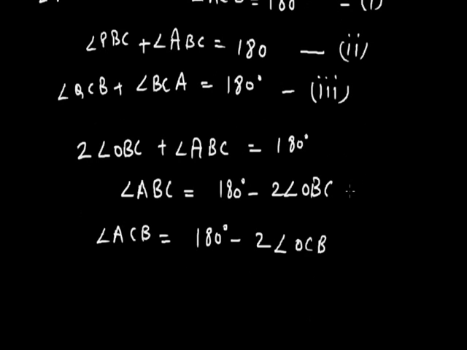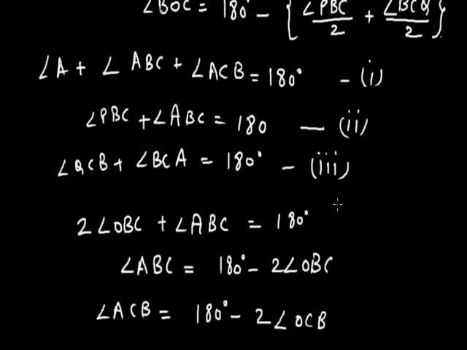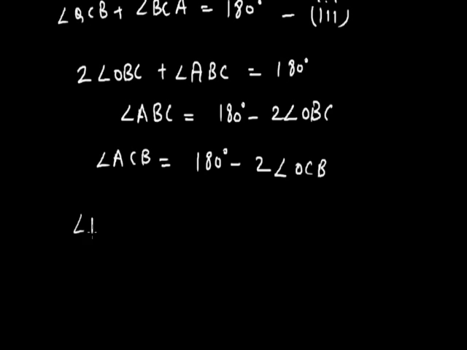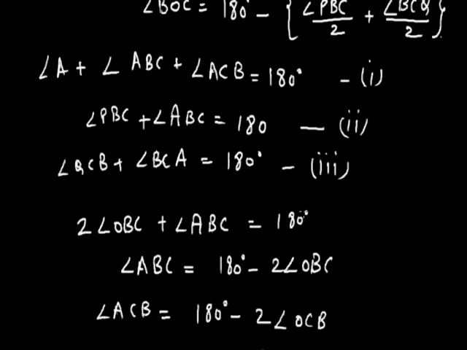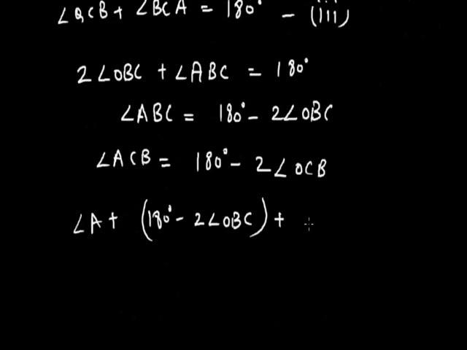Substituting these values of angle ABC and ACB in equation number 1, I'll get angle A plus angle ABC, substituting the value of ABC as 180 degrees minus twice of angle OBC, and substituting the value of angle ACB as 180 degrees minus twice of angle OCB, and this being equal to 180 degrees.